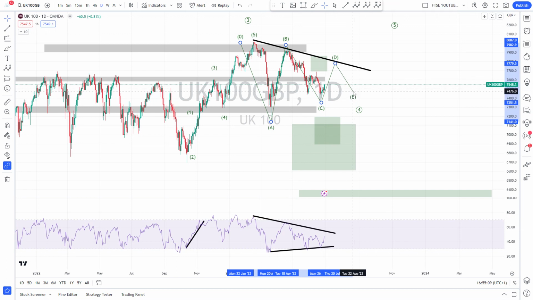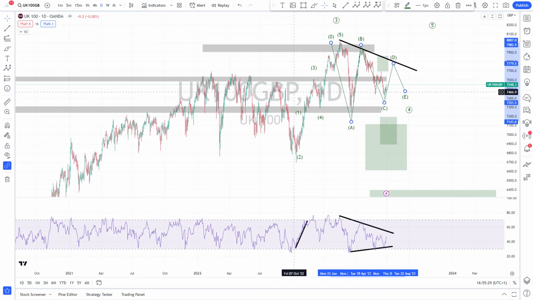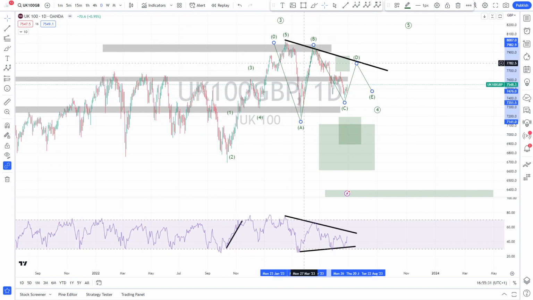So for now this is just speculation, but I just want to give you also a scenario that is bullish, that we can still make another high, and then I would present it something like this actually.